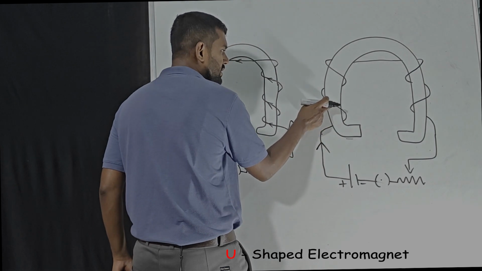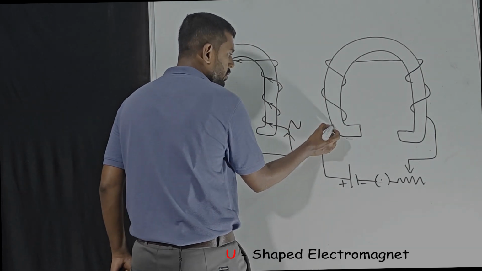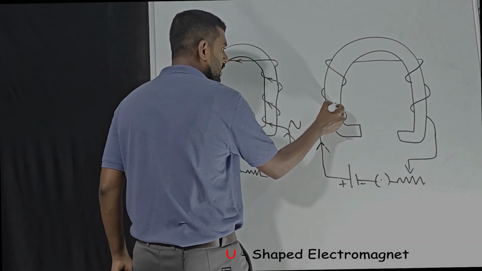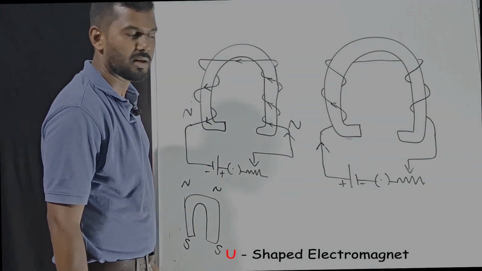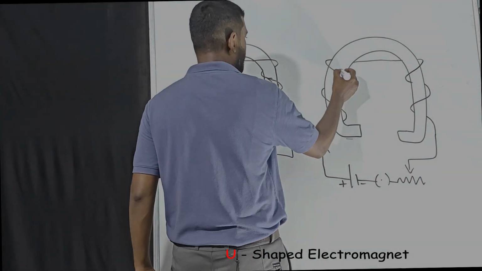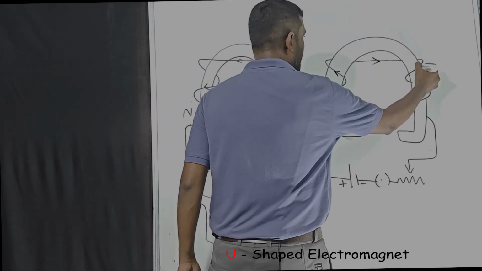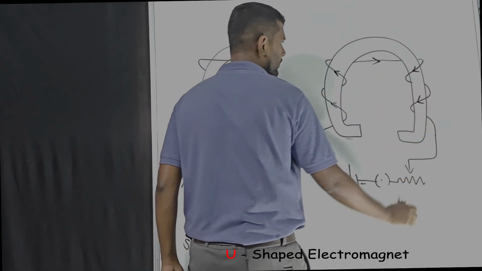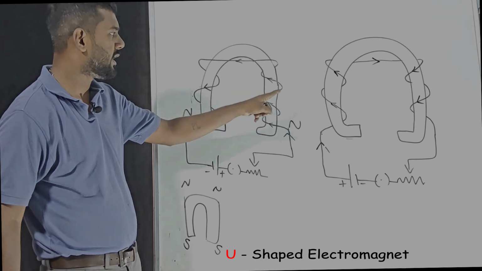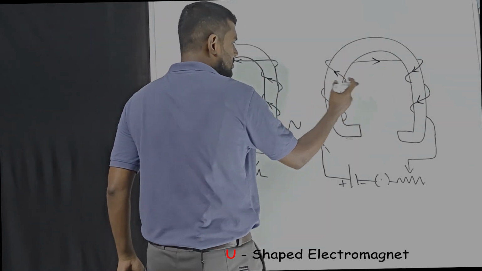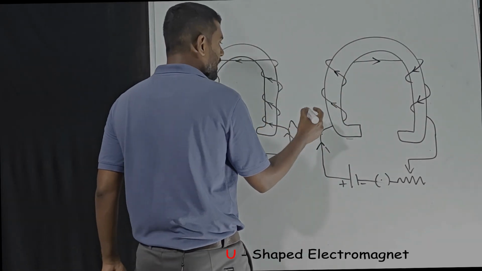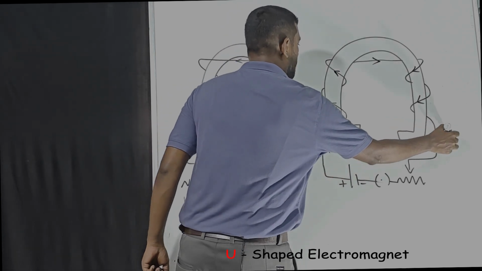So see, this is the first wire, current is going from back side and towards left. So here also it is towards left, back side it is going towards right, and again left, left. So in both the cases it is turning towards left, that means both the sides are north.